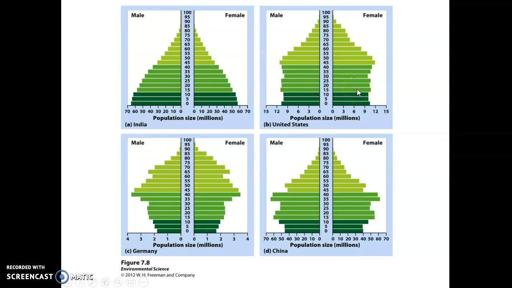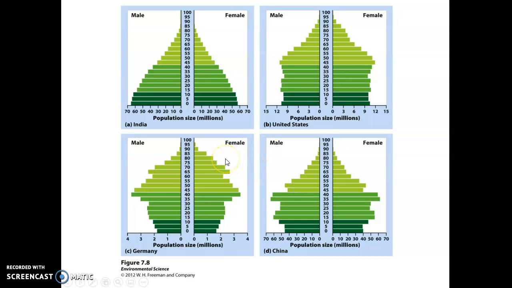So here the population would be expected to continue to grow, but not at an exponential rate. It would just be a slight increase in population as these individuals who are in the pre-reproductive years move in. So it would be more akin to a replacement.